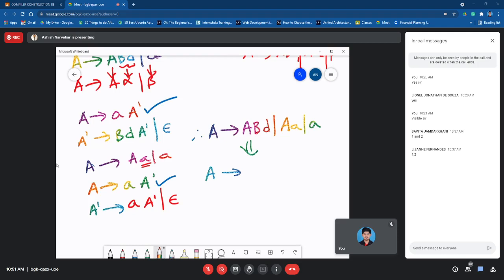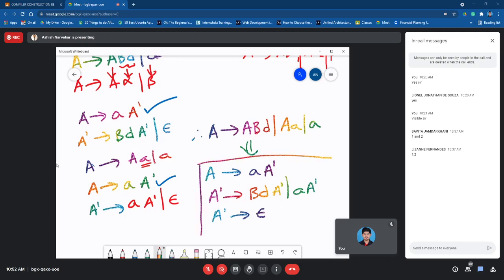So A derives small a capital A dash we can write only once, followed by A dash derives B D A dash or A dash. And finally, what is A dash? A dash is again epsilon. Okay. I could have written it here as well. Never mind. You can write it there itself on the same line, or I have written separately. That is also acceptable. Okay.